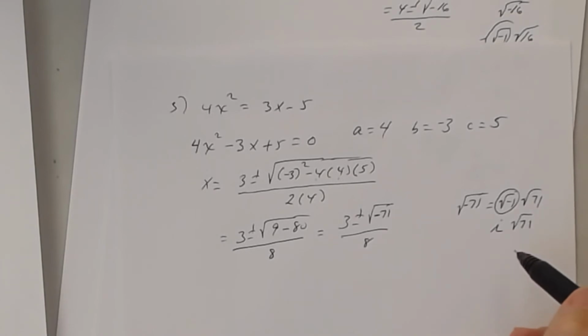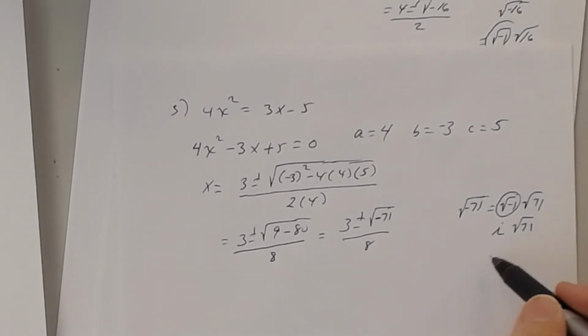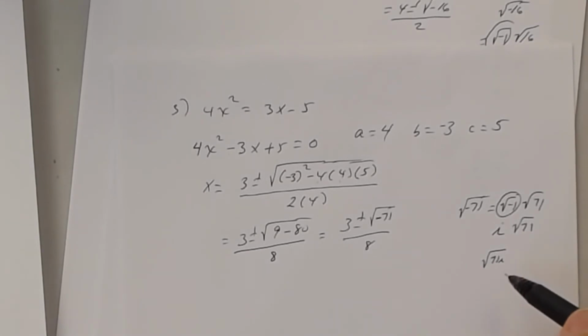Now remember, there are some of you who still persist on putting i behind the square root. You have to be careful when you do that, because some of you are writing it like this. To me, it looks like the i is under the square root.